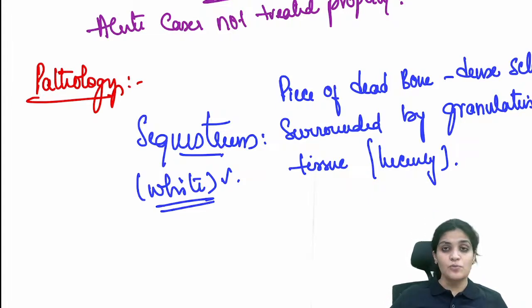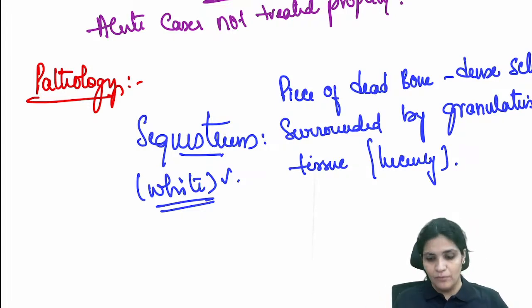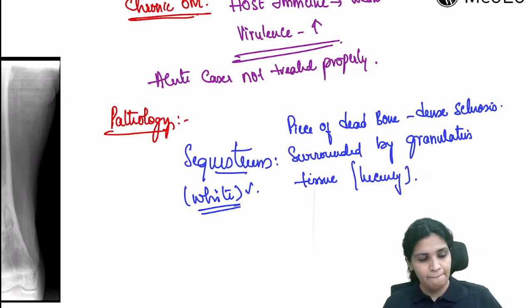Yes, my question is why the sequestrum is appearing dense. Why white, why not dark? Actually, if it is dead, you would think it appears dark in color, right?